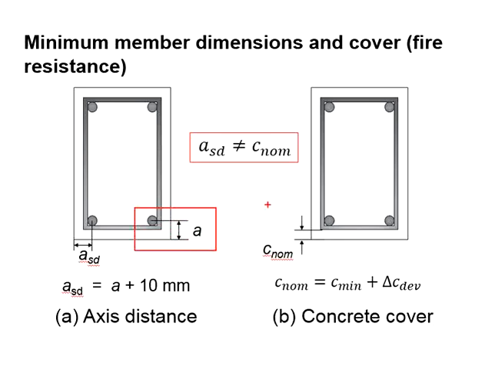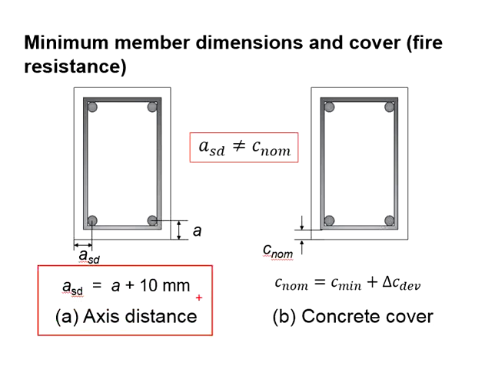Both have the influence over the concrete cover, except their fundamental principle differs. When we talk about the axis distance, we are referring to the distance from the column face to the centroid of reinforcement. The purpose is to protect the main reinforcement against the deterioration due to elevated temperature.